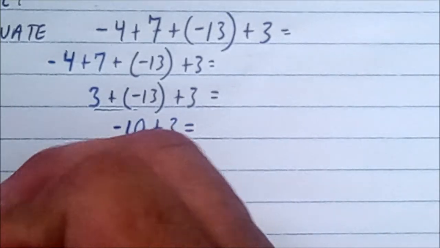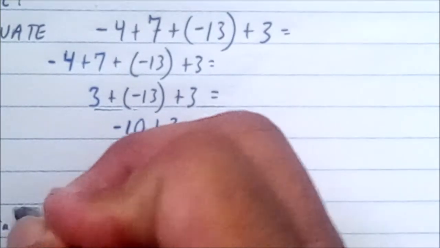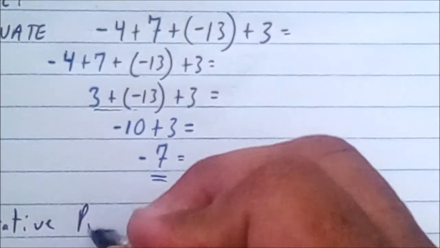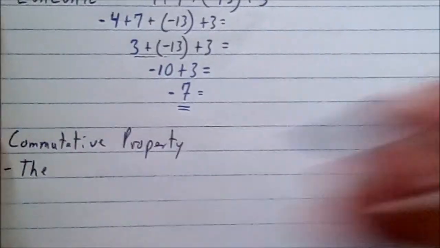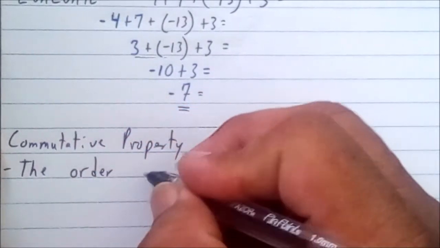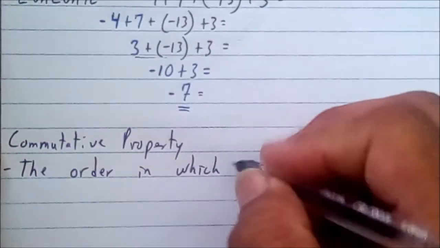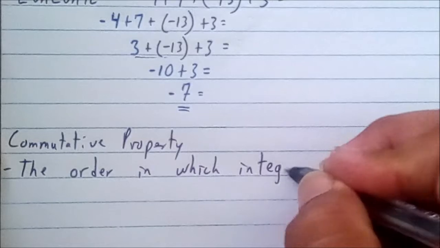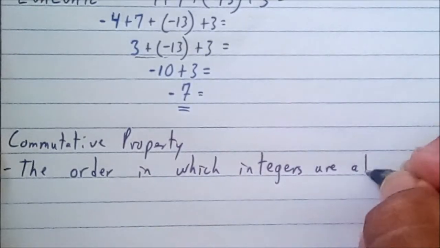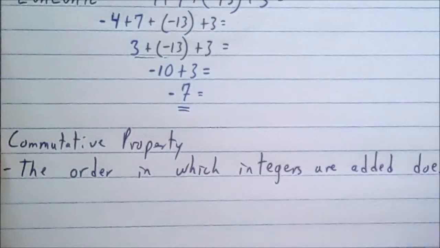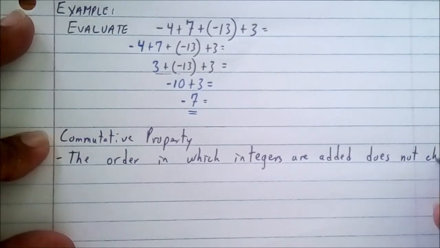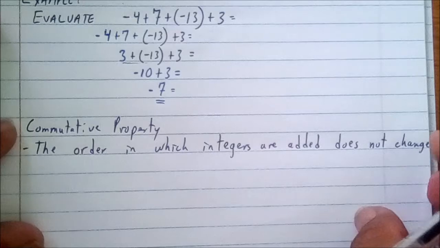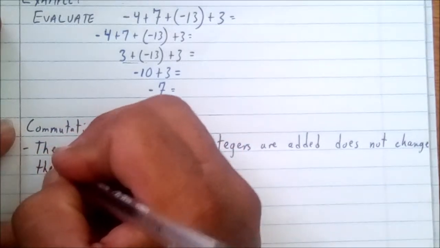These are known as the commutative property of addition, which is: the order in which integers are added does not change their sum.